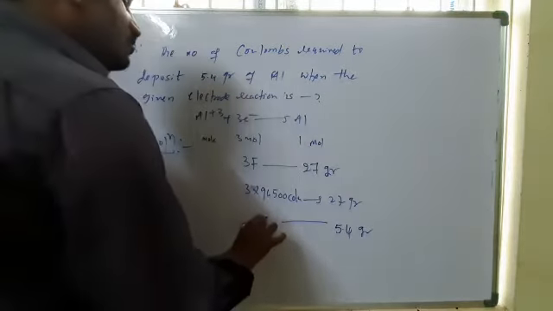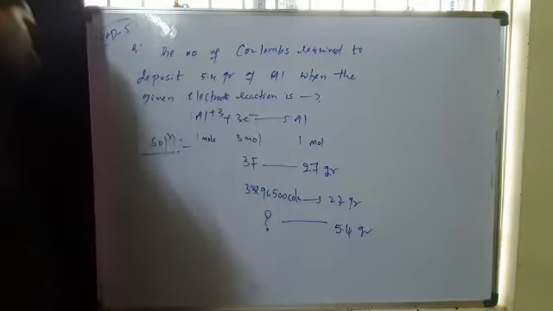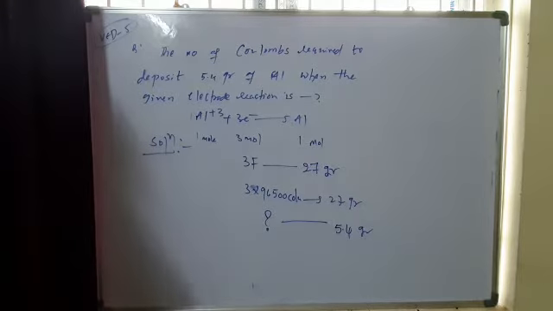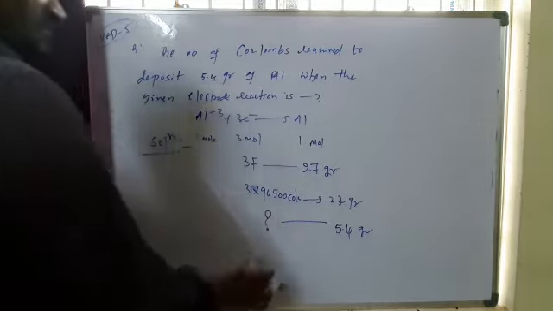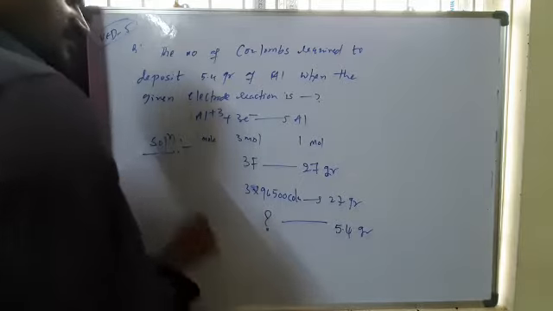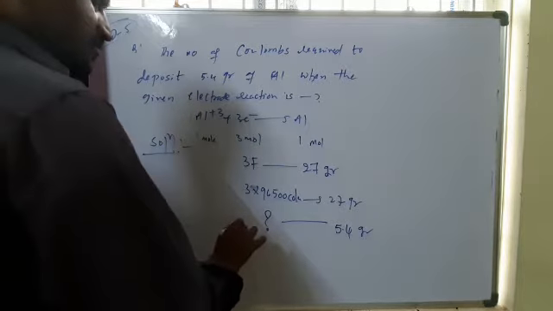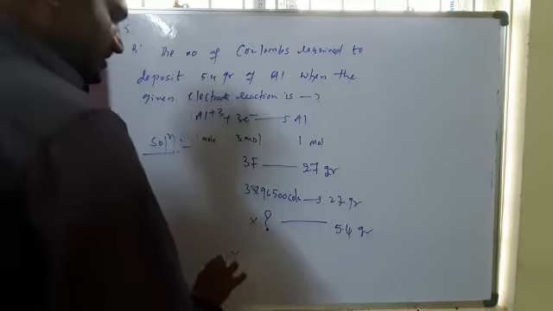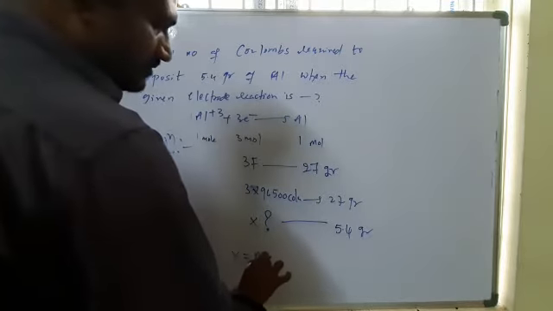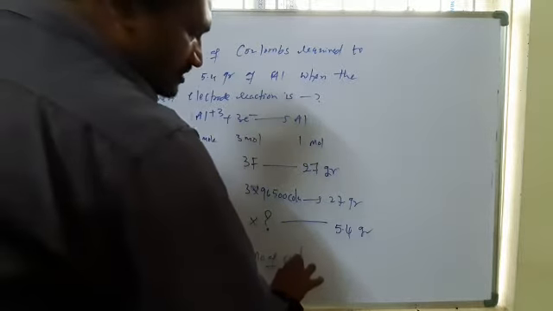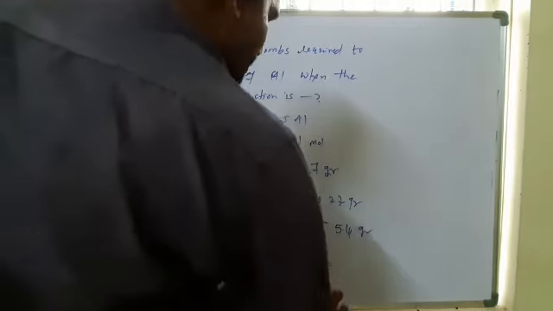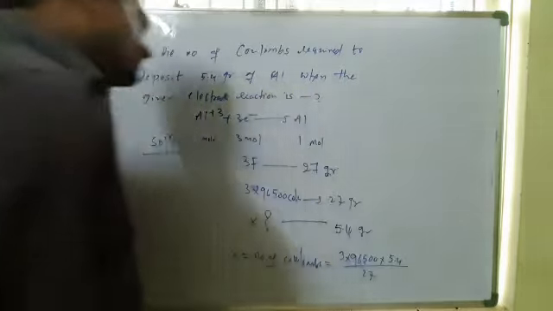Then how many coulombs of electricity should you pass? Let the number of coulombs be x. Using the crisscross method, x equals 3 into 96,500 into 5.4 by 27.